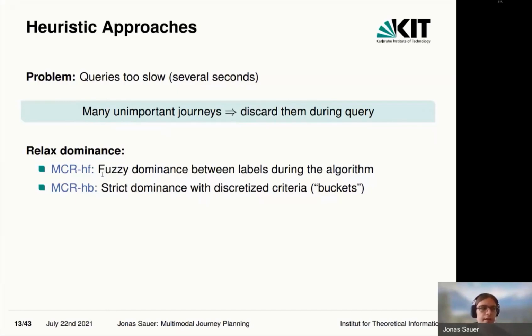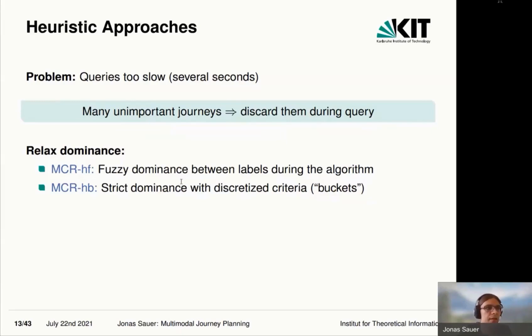The problem with that is if we do it at each vertex, this might remove journeys which are fuzzily dominated right now, but might later grow into solutions that won't be fuzzily dominated in the end. So we might discard journeys there that might actually end up becoming important later. So that's why it's only a heuristic.